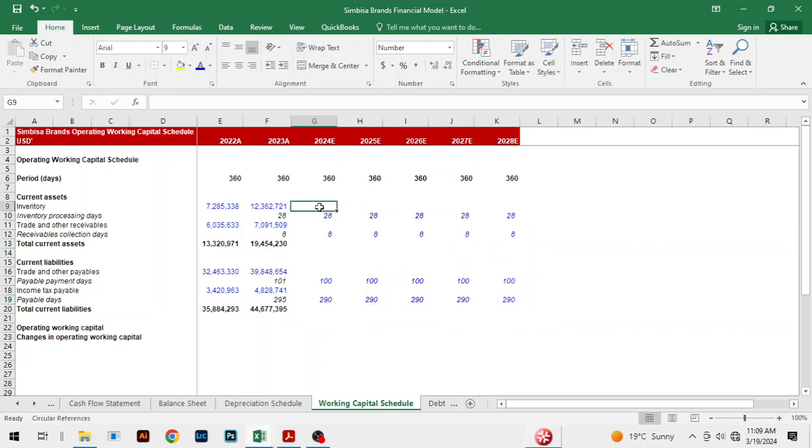Perfect. Now, to find the balance for inventory for 2024, we are going to say 28 days divided by 360 days times the cost of sales for 2024.